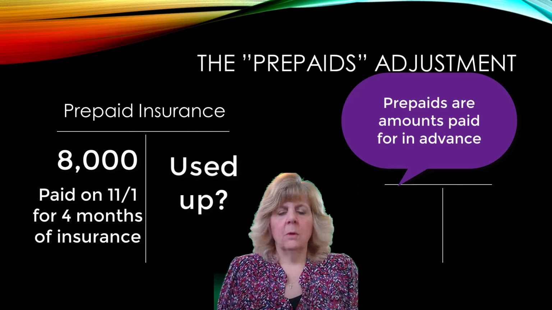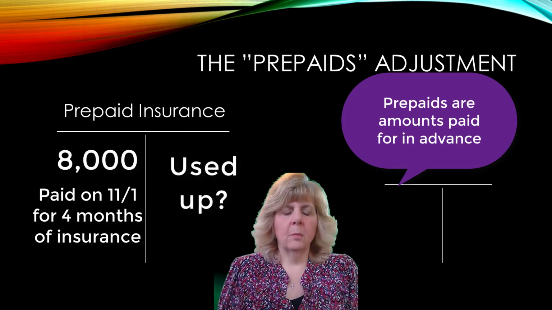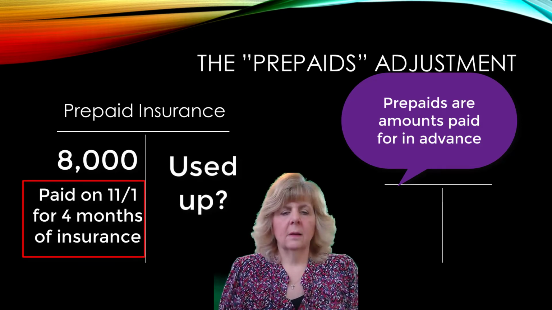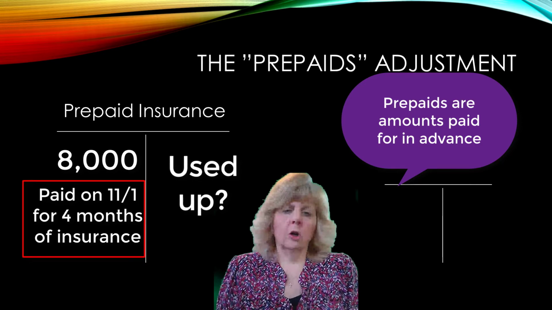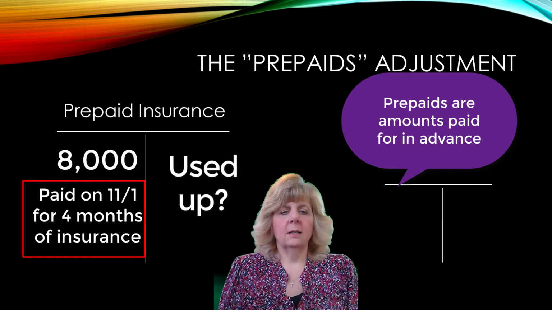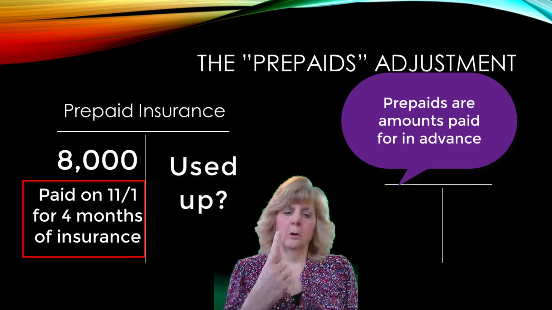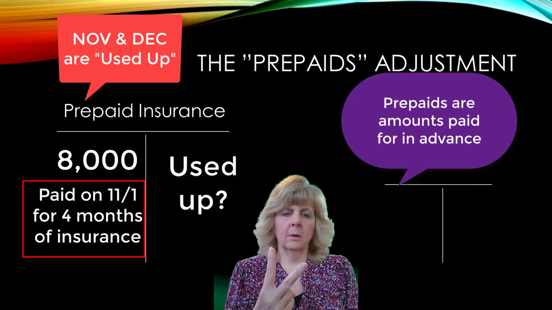Since the payment was made on November 1st for 4 months of insurance, and our current year ends on December 31st, that means that 2 out of the 4 months have been used up, or November and December.